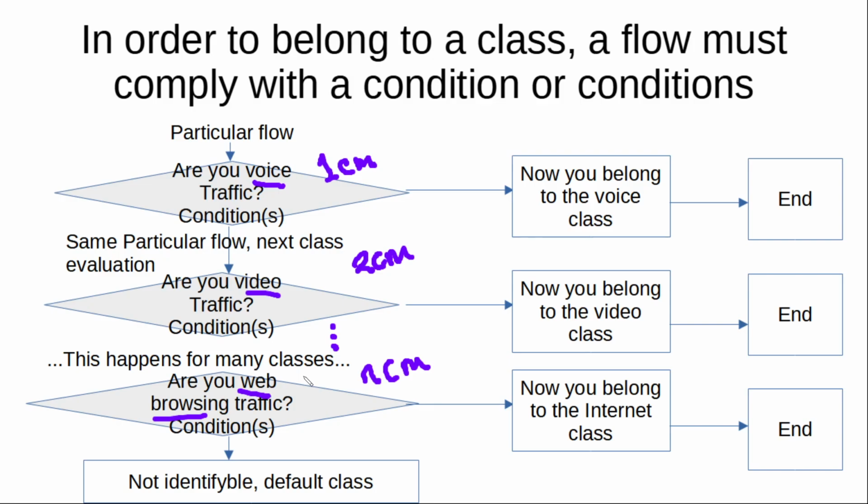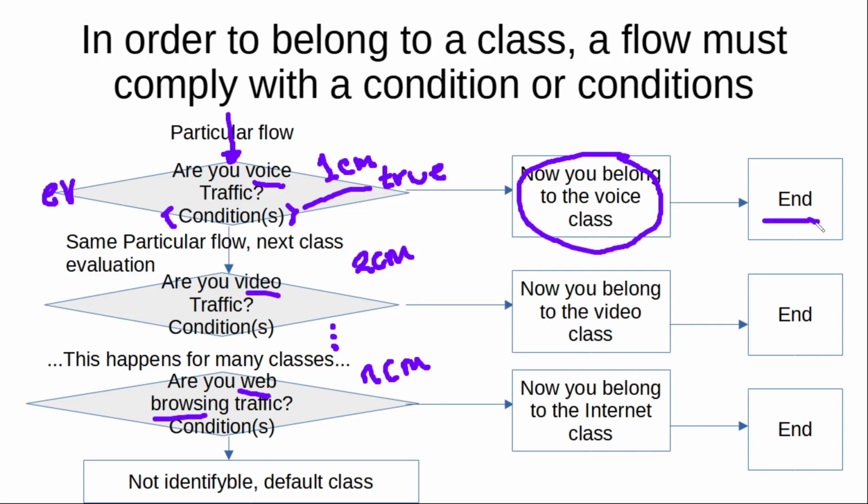And the way it works is the following. I will apply a particular flow, an evaluation for the first class map. So I'm going to evaluate this flow with the first class map. So I'm going to evaluate these conditions here that exist in my class map. If these conditions evaluate to true, then I'm going to say that that flow belongs to this voice class map. And then I'm going to stop processing this flow any further.